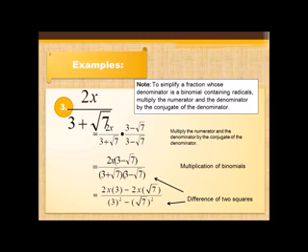And then, let's simplify. And it will become 6x minus 2x square root of 7 all over 9 minus 7, which is equal to 6x minus 2x square root of 7 over 2.